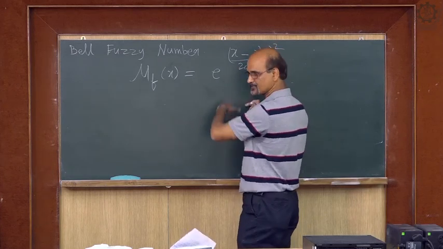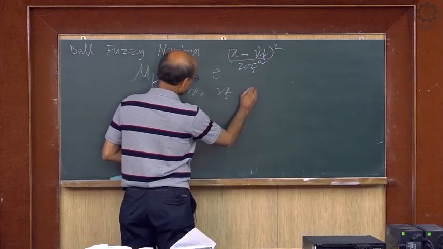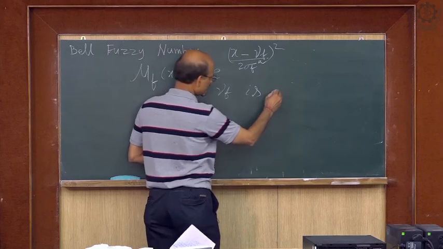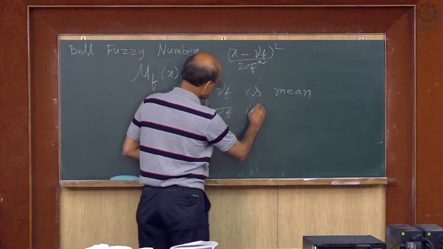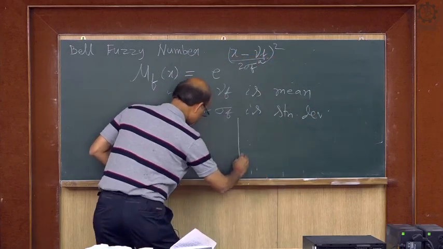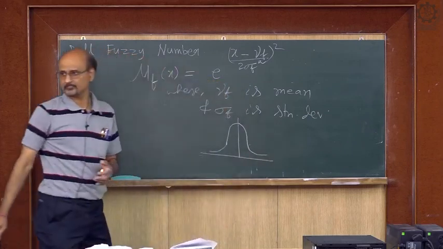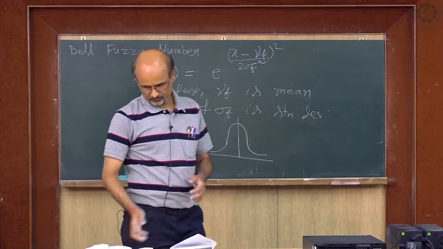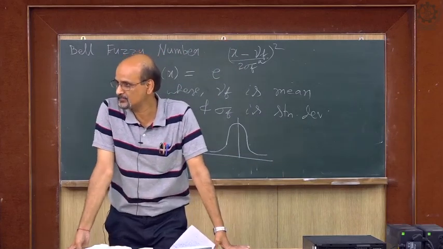It depends upon nu and sigma, where this nu f is your mean, and sigma f is the standard deviation. If I plot this, it will be like this. Okay. So, this is called the bell shaped fuzzy number, and the earlier one is the flat fuzzy number.